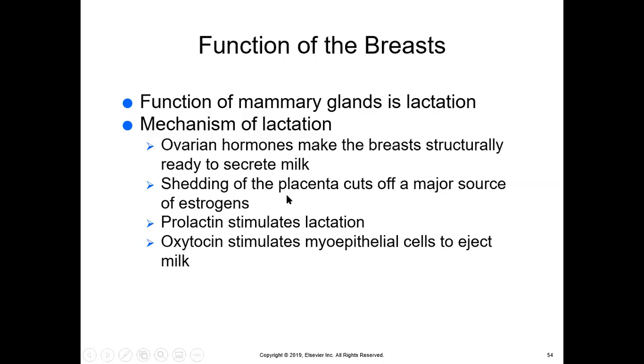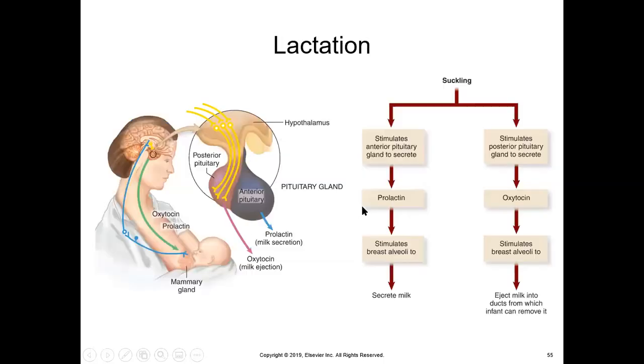So after delivery, well, before delivery, the placenta produces a lot of estrogen, and when a lot of estrogen is produced, the breasts enlarge and start generating milk, getting ready to take care of the baby. When the placenta is cut off, then prolactin stimulates milk production, or lactation, and you have production of oxytocin.